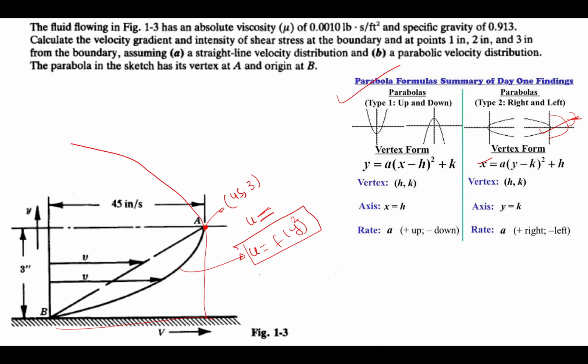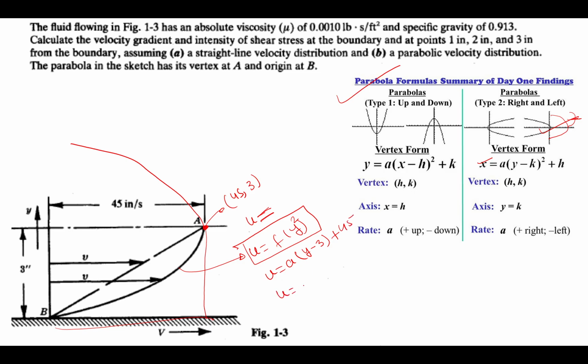If you want to write like that, u is equal to a times (y minus k) squared plus h. What is k? How much distance in the y direction? We have 3. And h is in the x direction, 45.